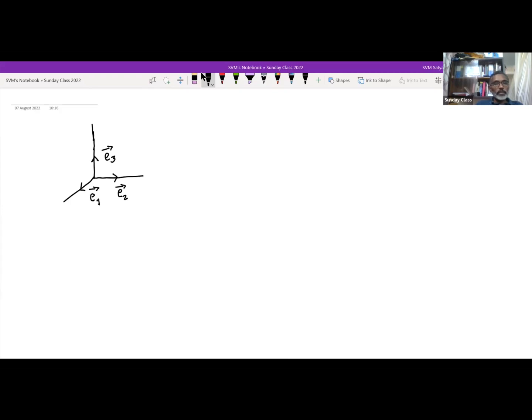For this three-dimensional space, let me say Ei. We have said that if I write one free index like that, I simply say Ei. So this is a vector, a unit vector.